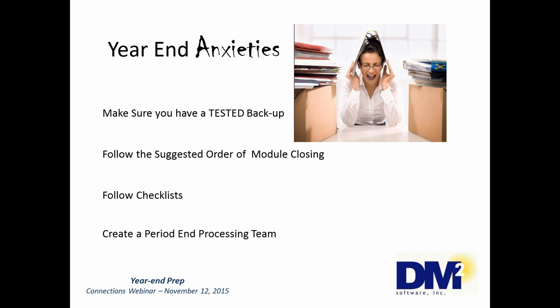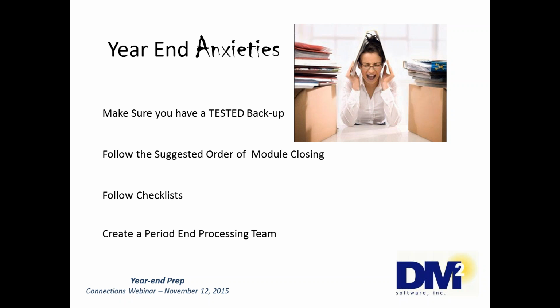So that's a best practice, because a period in processing team is a group of people, and it should consist of operational and accounting people. And what that's going to allow, they're going to create together a schedule that has the process, the checklist, the order of module closing, and after a 1 or 2 module year-end and month-end closings, they're going to be seasoned.